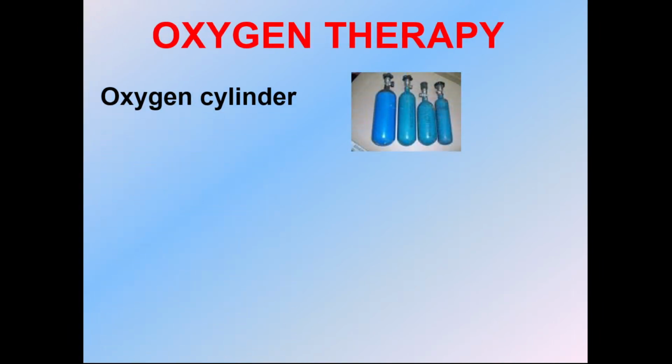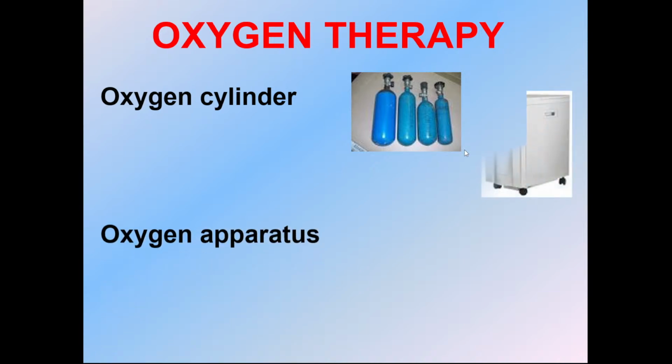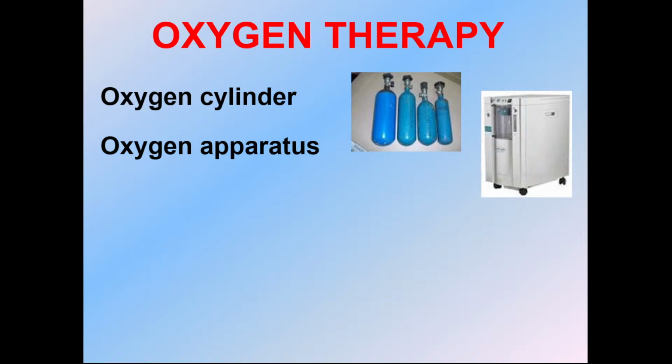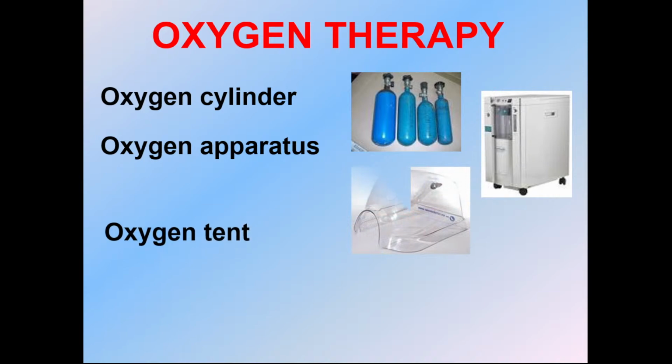Oxygen therapy. We can give oxygen which may be held in special cylinders, and I'll draw your attention that an oxygen cylinder is colored bluish. Oxygen may also be supplied from a specific oxygen apparatus which controls the oxygen flow, and it may be easily regulated.